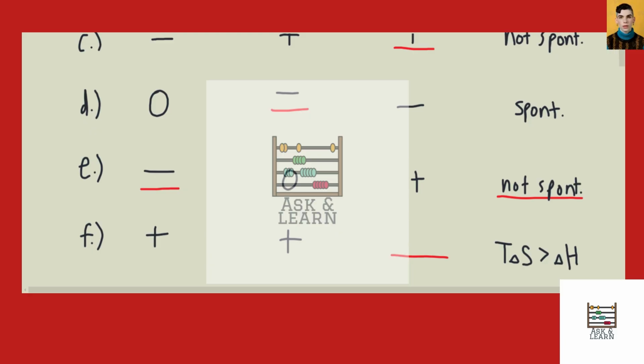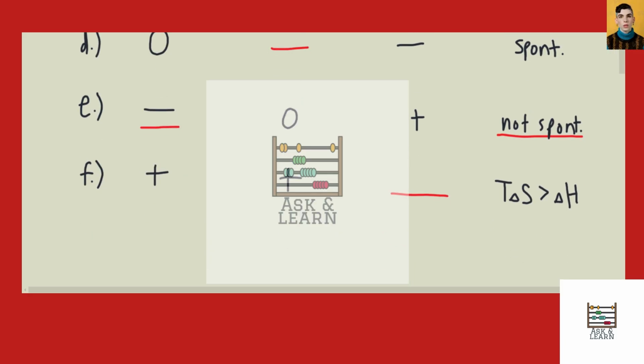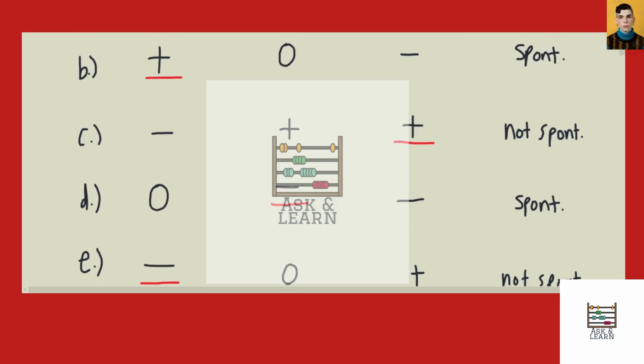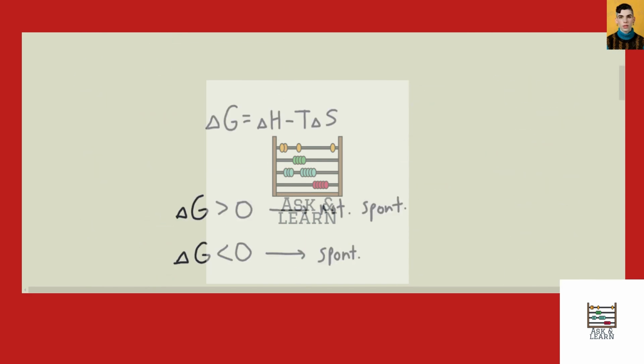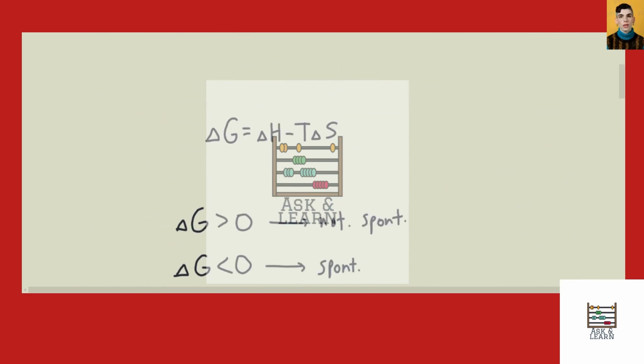And finally, for part F, we are told that the product of T times delta S is greater than delta H, and we want to determine what the sign of delta G is. So we could plug in qualitative numbers here to see this.